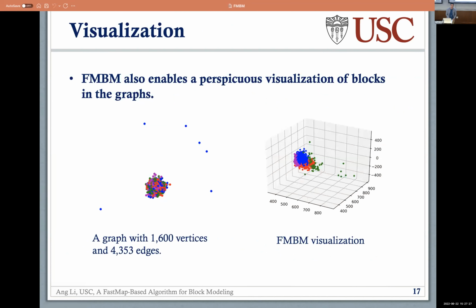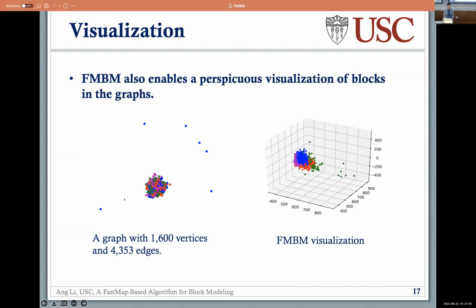Another thing I need to highlight is that FMBM also enables a particular visualization of blocks in graphs, which other methods cannot provide. For example, the graph shown here has 1,600 vertices and around 4,000 edges. Because it has a lot of vertices and edges, many of them overlap with each other.